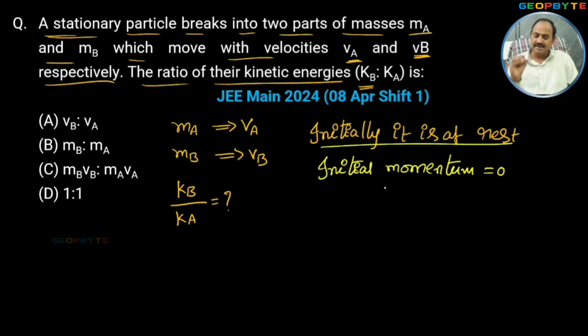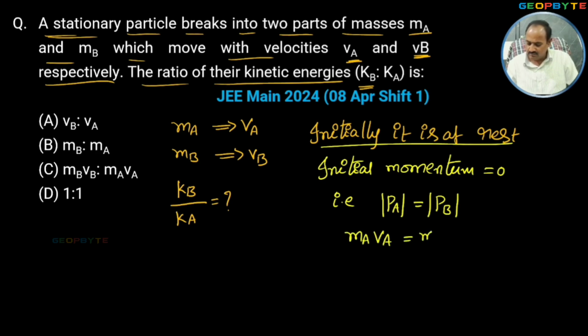That means the linear momentum of A must be equal to the linear momentum of B. It means MAVA is equal to MBVB.